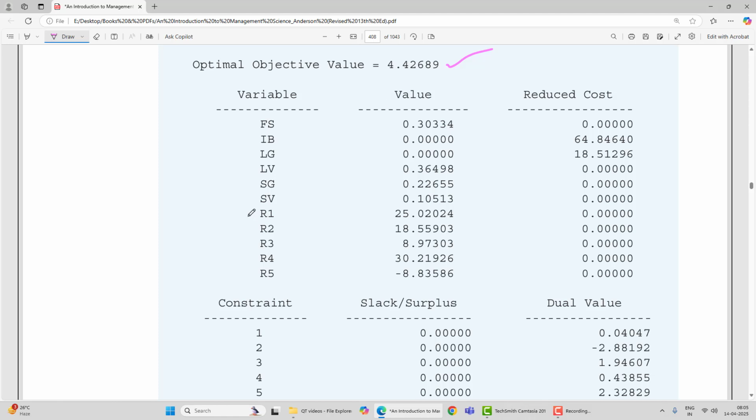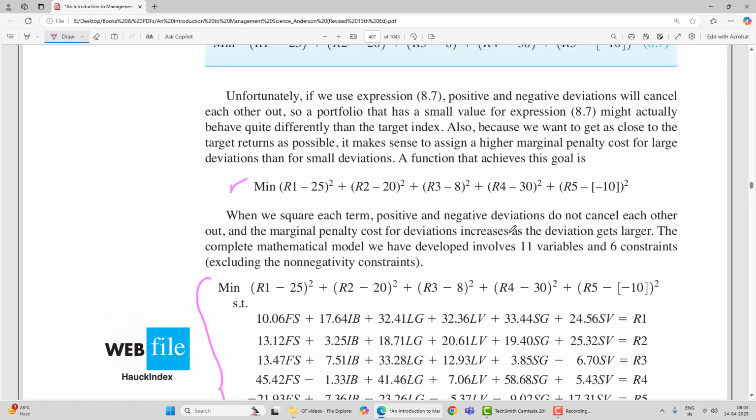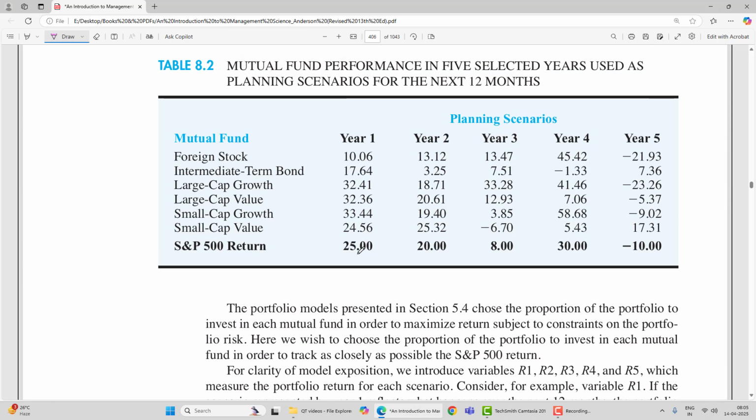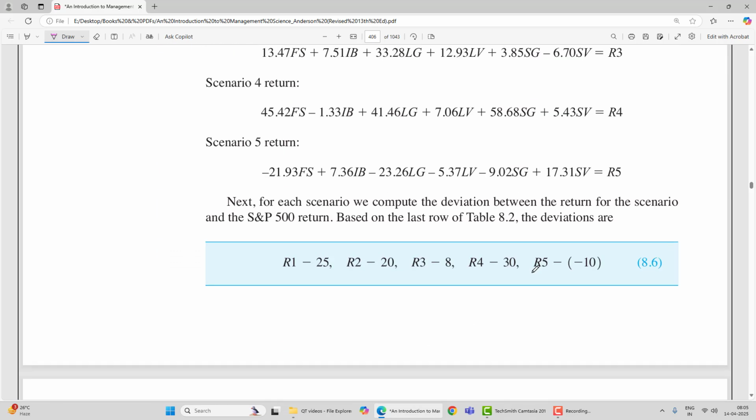Either of these is going to be the reality: either R1 will happen, R2 will happen, R3 will happen, R4 will happen, or R5 will happen. So when R1 happens, you will get 25% return, R2 you will get 18% return, and if you look at the S&P 500, they are also almost on a similar line, 25, then 20, then 8, right?